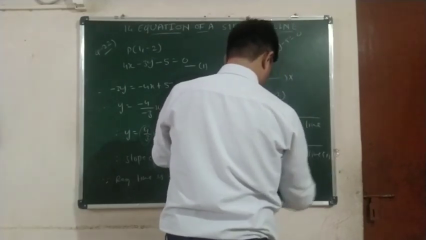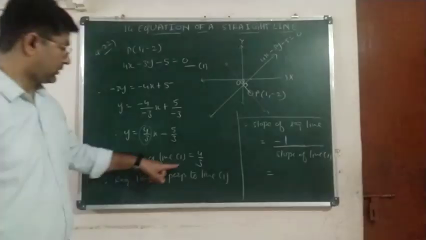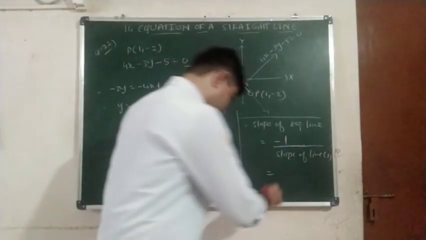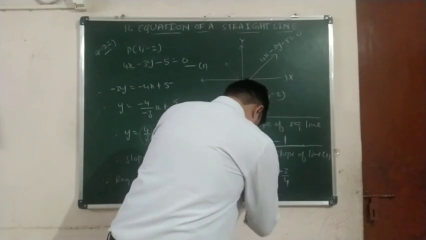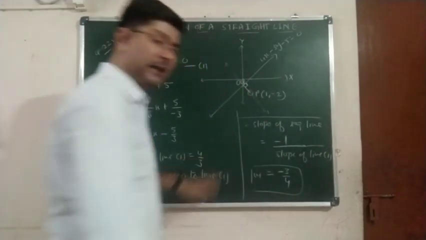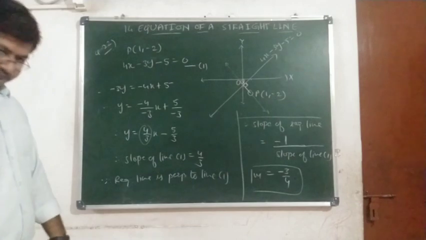So the negative reciprocal of 4/3 will be -3/4. This is the slope of the required line, m = -3/4.